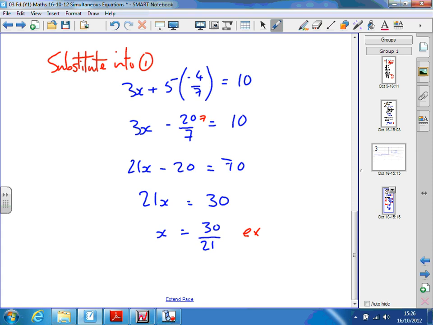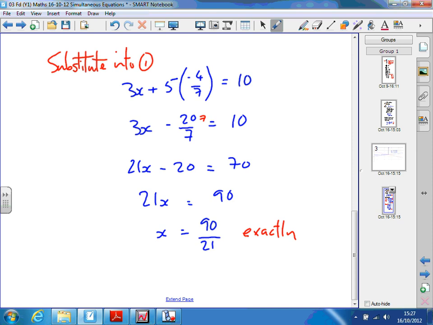So in fact, let's think about this. Times both sides by 7, minus 20 equals 70. Add 20 to both sides, so that becomes 90. So in fact, it's 90 over 21. Well done, yeah. Exactly. I'm rushing, which is not good.